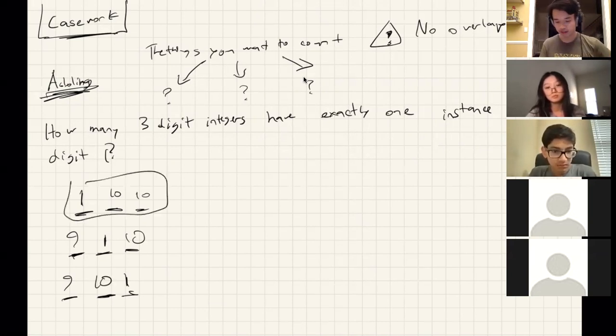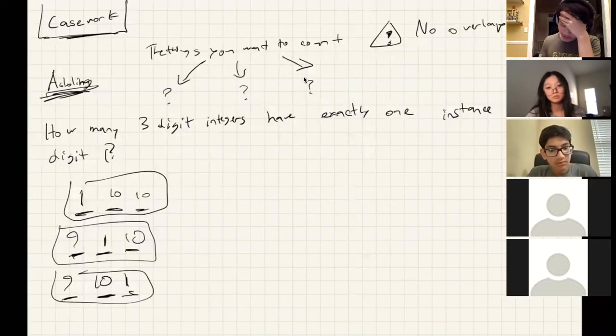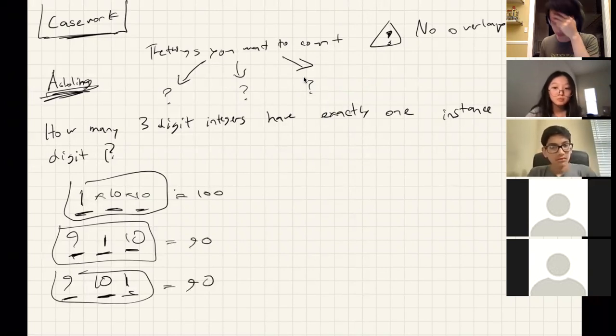So what we've done is split our counting into 3 different constructive counting problems, right? So now we just compute each of these constructive counting problems, 100, 90, 90.